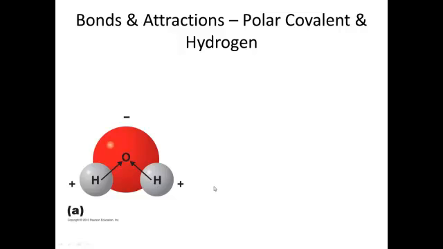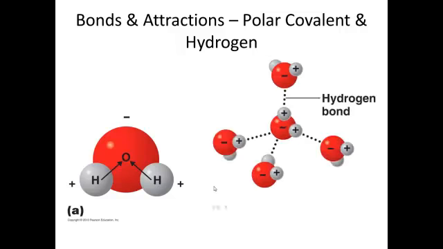Now, because water has a positive and a negative side, if you will, positive and negative poles, it forms bonds with other water molecules. The negative oxygen is attracted to the positive hydrogen, and so on and so on. And we call these hydrogen bonds.